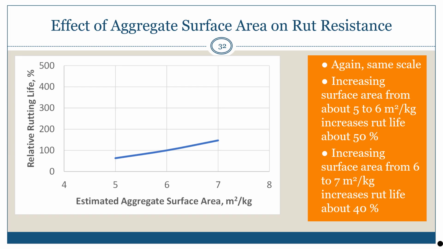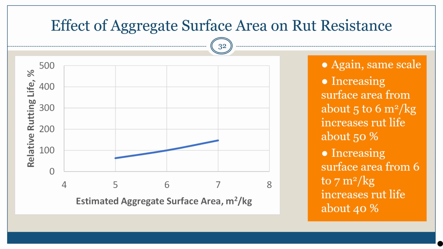So a lot of you are probably asking, well, what do I have to do to go from, say, 5 to 6 square meters per kilogram in surface area? Well, this would be something you could achieve, for instance, by increasing your mineral filler from 4.8 to 6.4%, which is a 34% increase in your mineral filler.